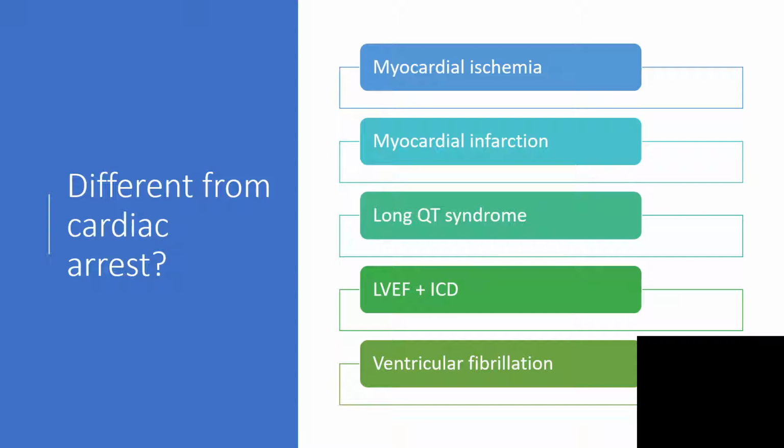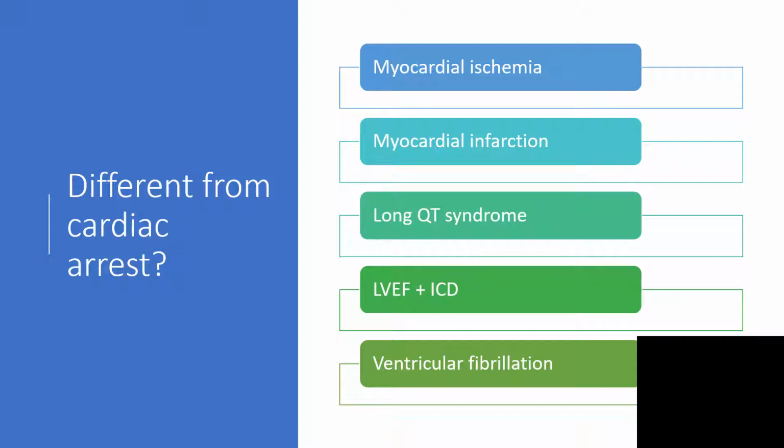So if the heart is in trouble, having myocardial infarction and left ventricular function is impaired, and with the help of echo, the left ventricular ejection fraction is low, there is a way to help such people by implanting cardioverter defibrillator.